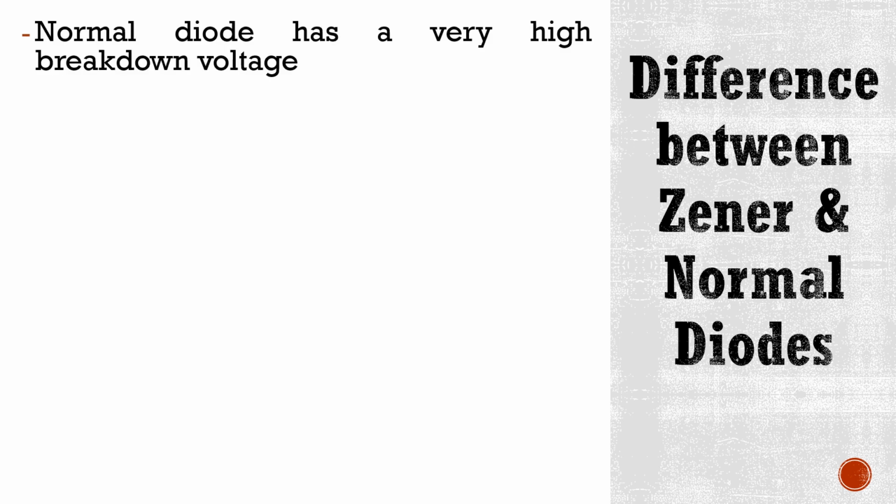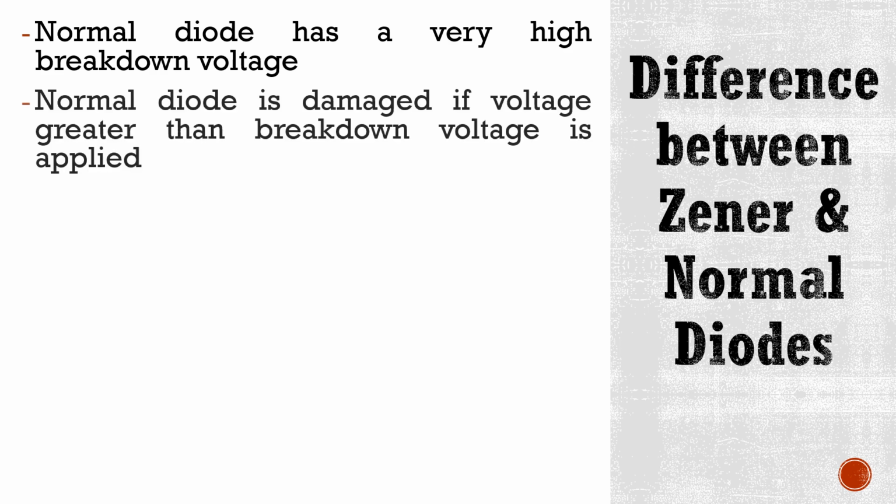What is the difference between Zener and normal diodes? In normal diodes, the breakdown voltage is very high. These normal diodes get damaged totally if a voltage above the breakdown level is applied.